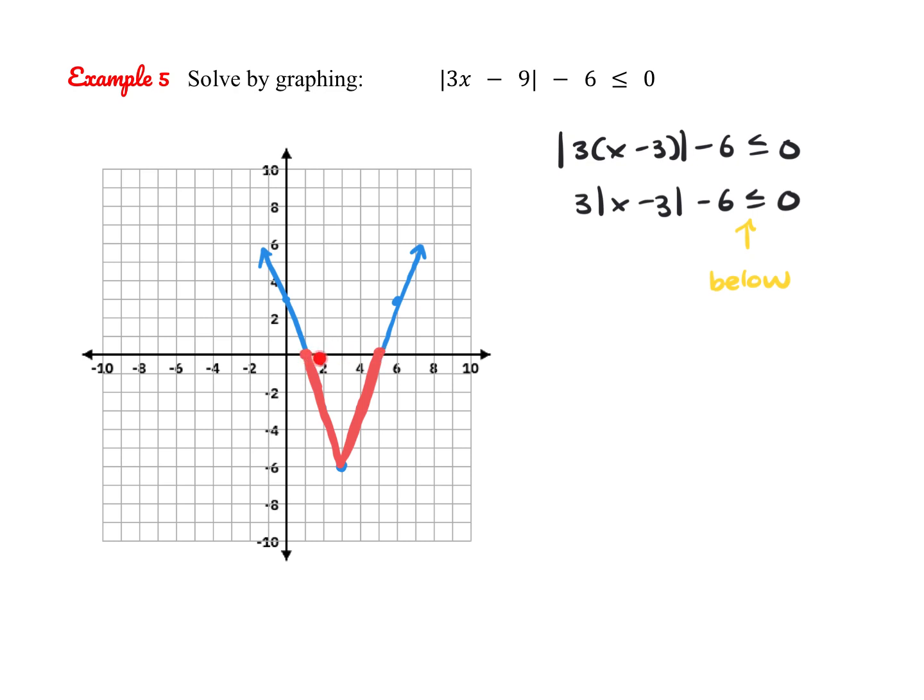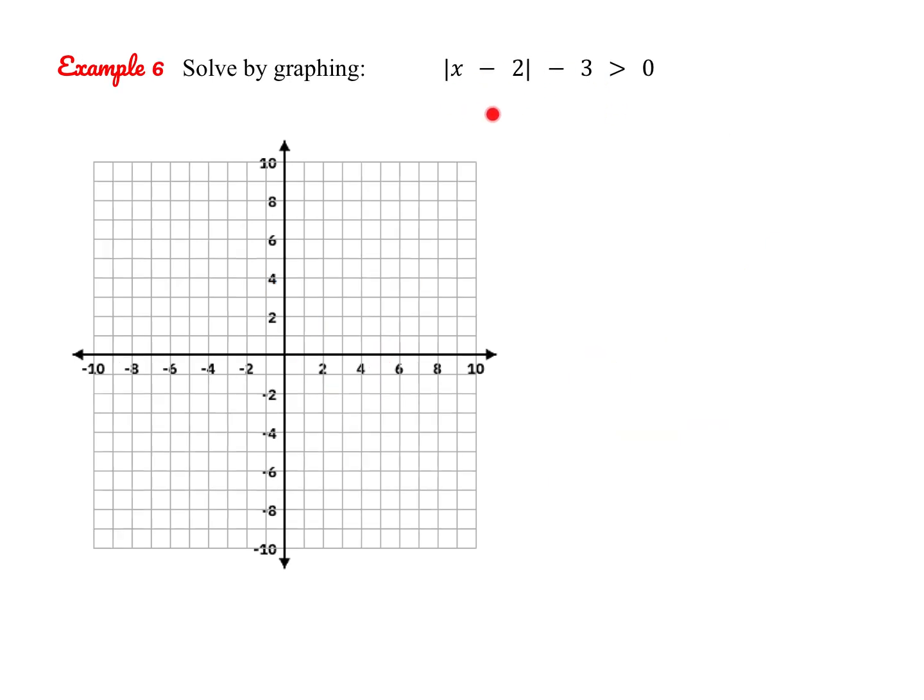So we're going to describe this interval. It's everything between 1 and 5. And it's going to include 1 and 5 because of the or equal to. So here our answer is 1 to 5. Or we could say 1 is less than or equal to x is less than or equal to 5. So we can do interval notation or that algebraic notation.